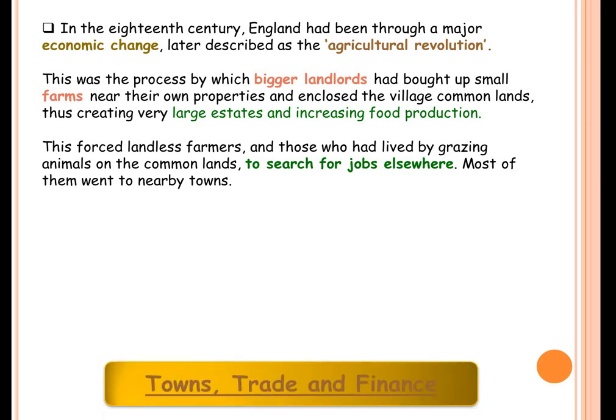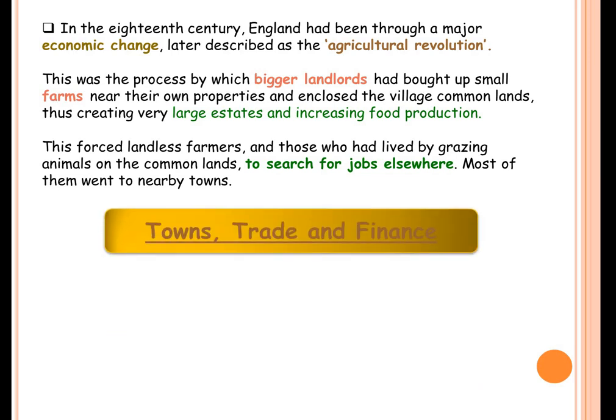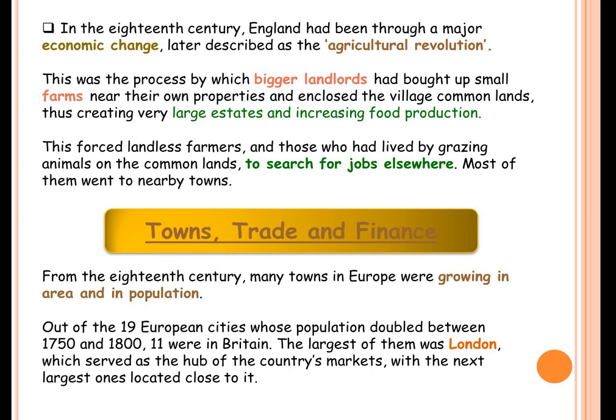Now we have to talk about the most important part of this section, which is towns, trade and finance. And that is why the Industrial Revolution prospered in Britain. From the 18th century, many towns in Europe were growing in area and in population, okay? Because we saw just now that people were forced to work on the bigger estates owned by the landlords.